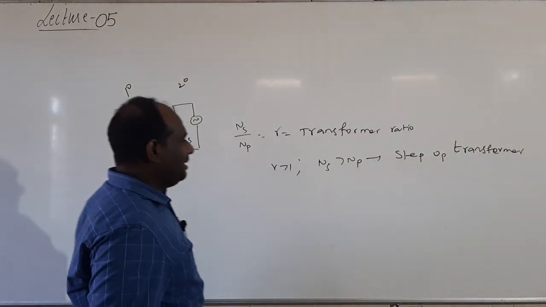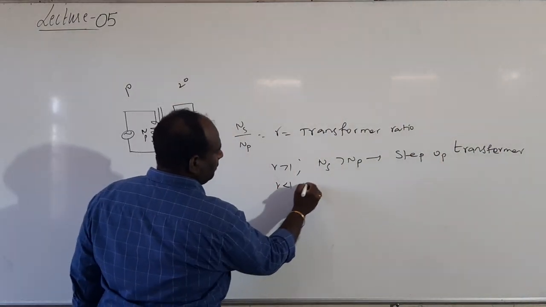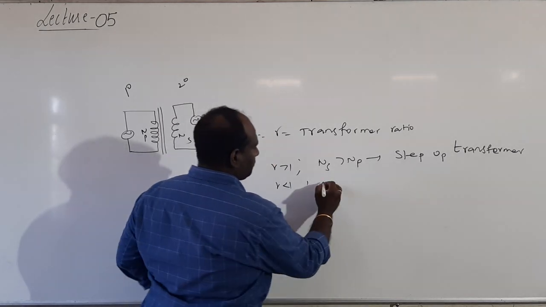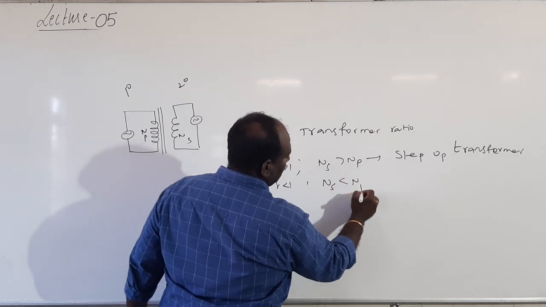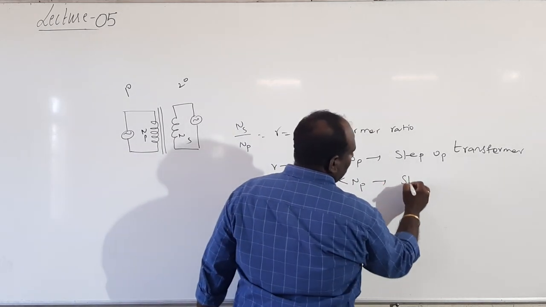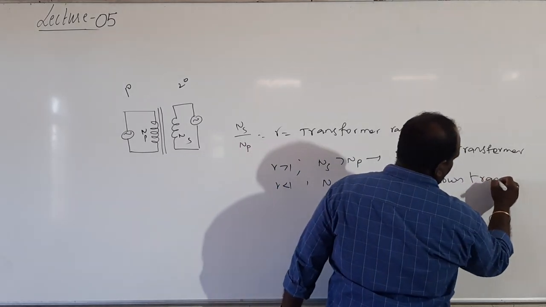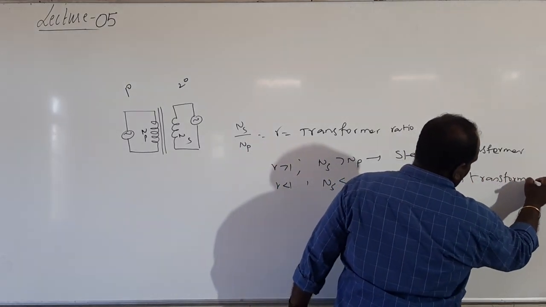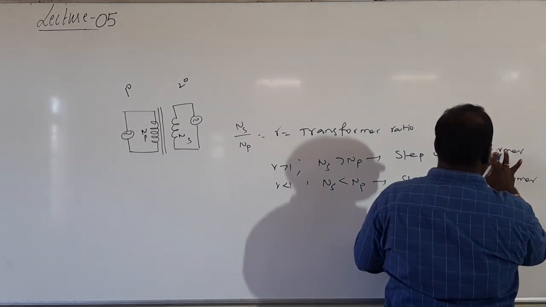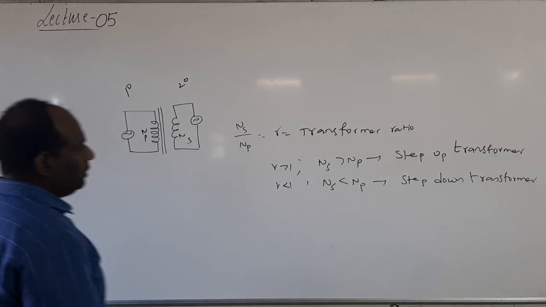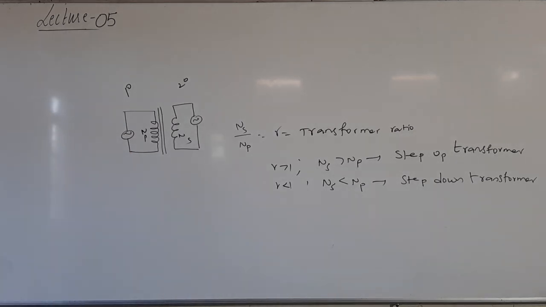If R is less than 1, Ns is less than Np, this is known as a step down transformer. So we have two types of transformers based on the transformer ratio.